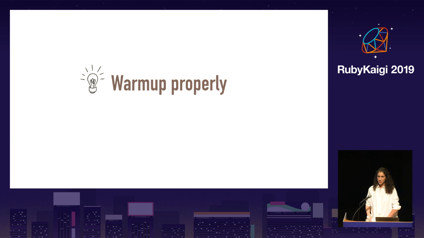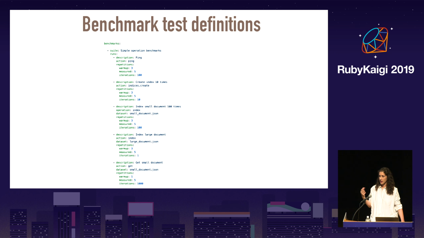Second thing is to warm up properly. Warming up was not something I originally defined in the benchmark tests, but I added them in after learning about the best practices, and I said, okay, well, we have to put the warm-up repetitions inside the test definitions themselves so that clients know that they do warm-ups, that they're not just running it once.